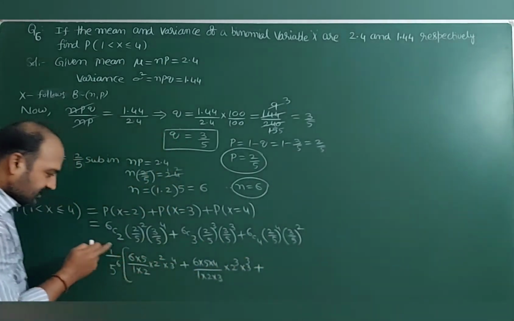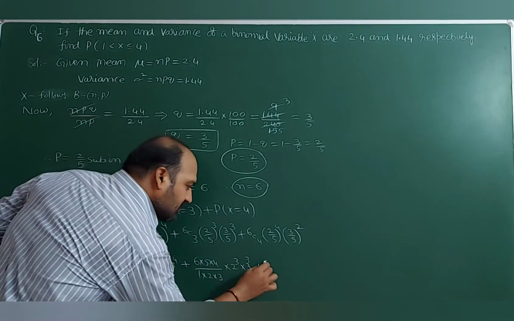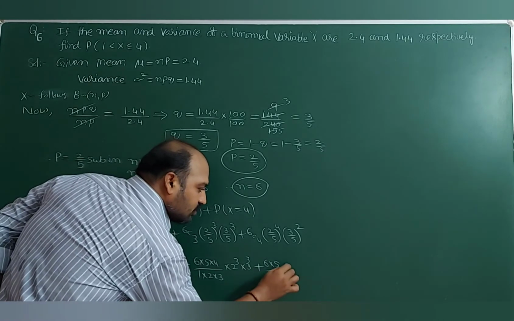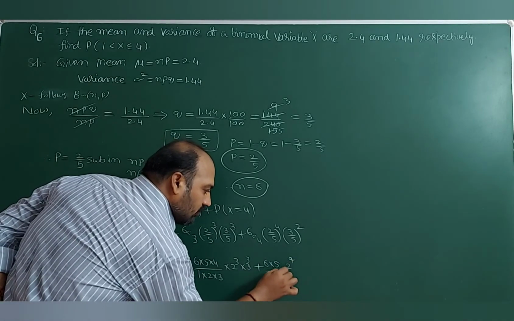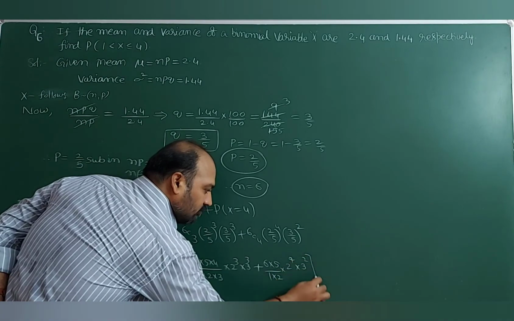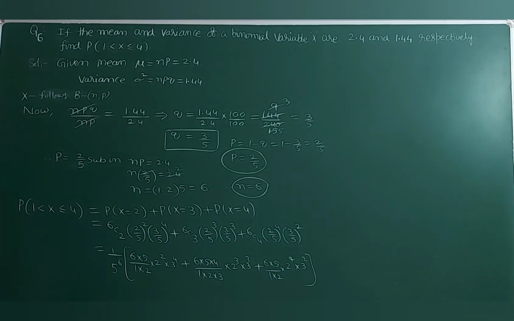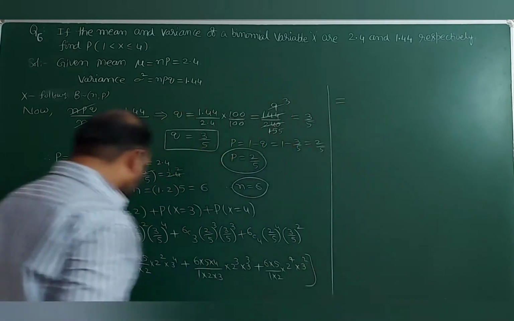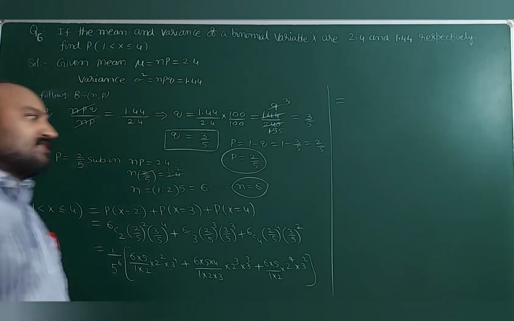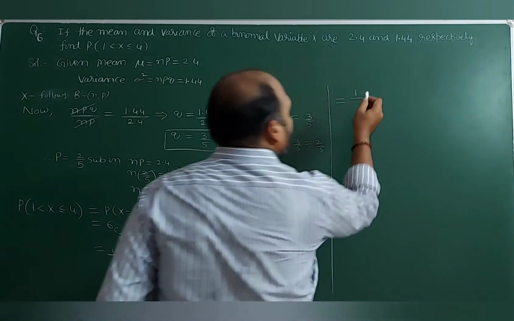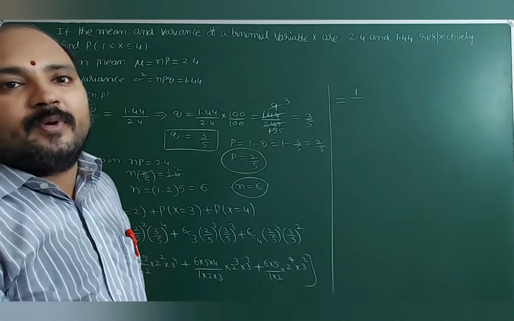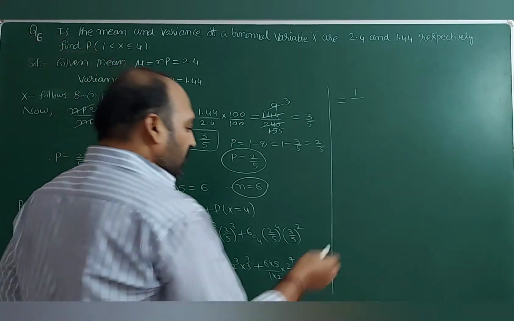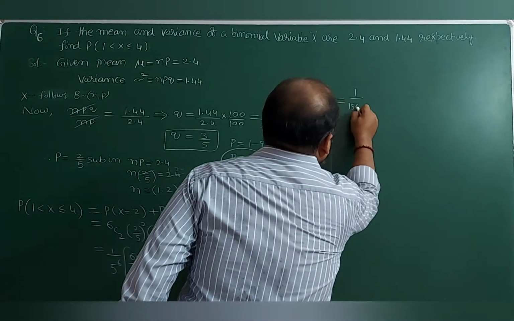6C4 is equal to 6C2, the same thing will come. 6C5, that means 6 into 5 divided by 1 into 2. So 2 power 4 into 3 square. The denominator I have already taken common. So that is equal to 1 by 5 power 6. That 5 power 6 I already calculated: 5 power 3 into 5 power 3. 5 power 3 is 125, 125 into 125 is 15625.